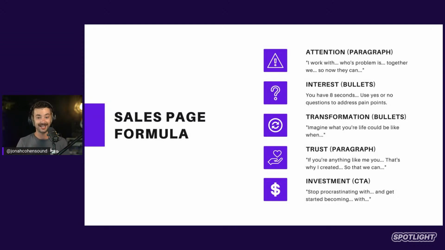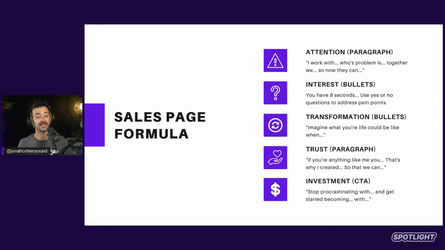And then the last thing, which can be scattered throughout your page, you can have the buy now buttons here and there, but you want at the end a formal investment CTA. Call to action. You are formally asking your potential student to take the leap. And you can do this with this formula.